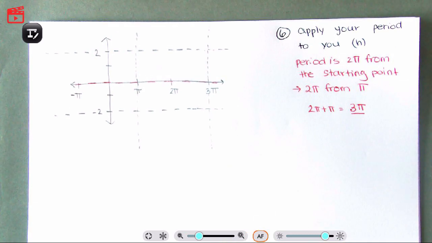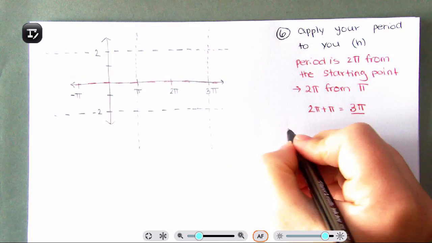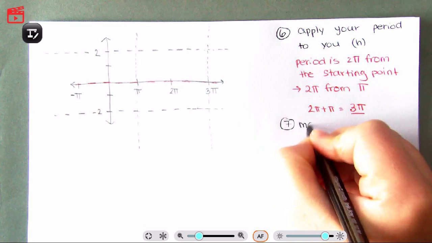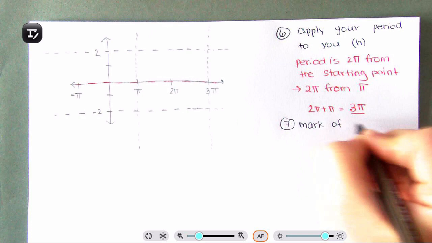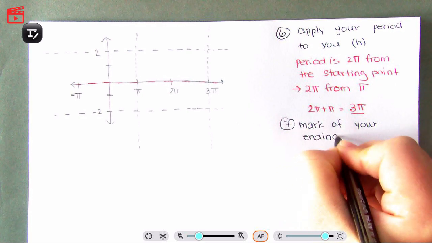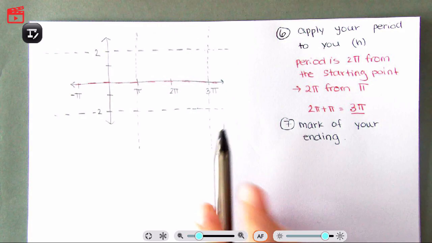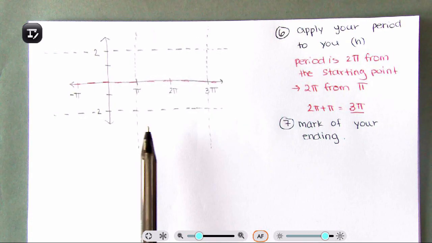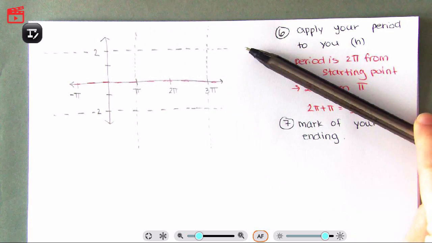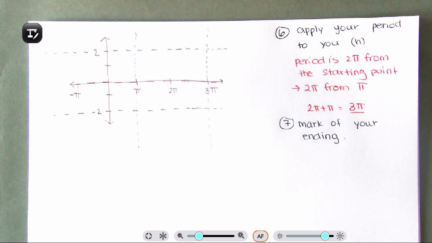So let's do step number 7 is mark off your ending. So you have your starting, you have your ending, you have your min, you have your max, you have your midline. So basically now what's left is to sketch.